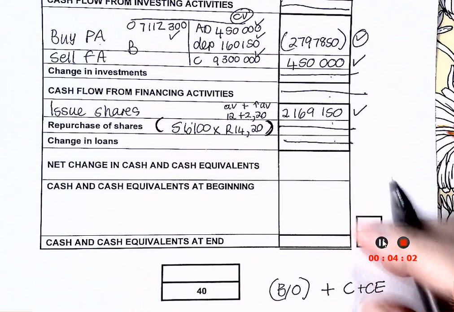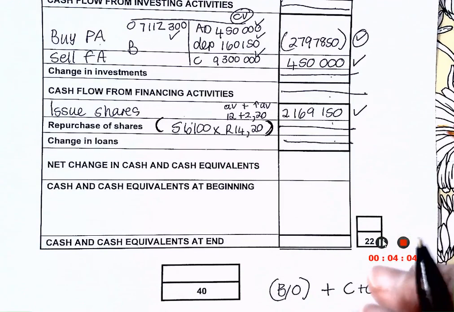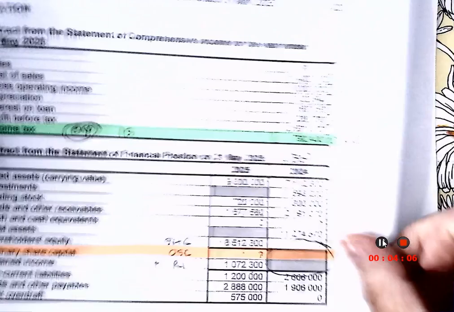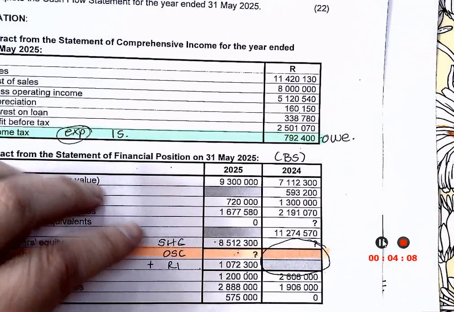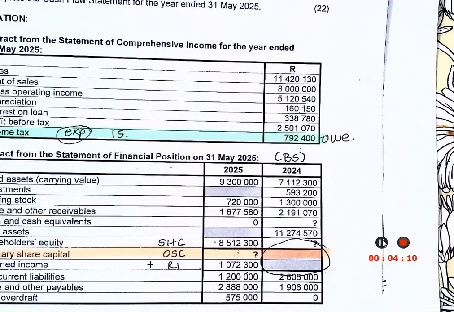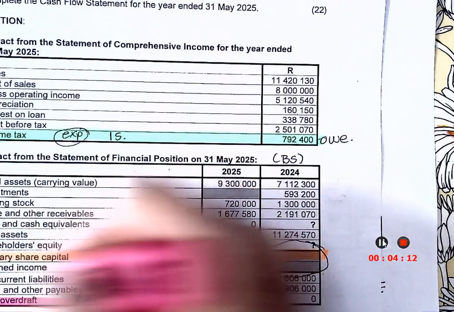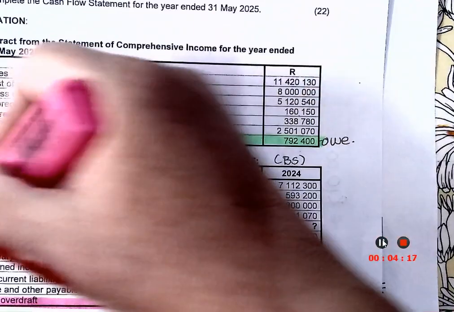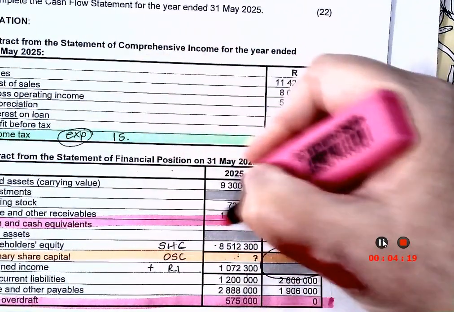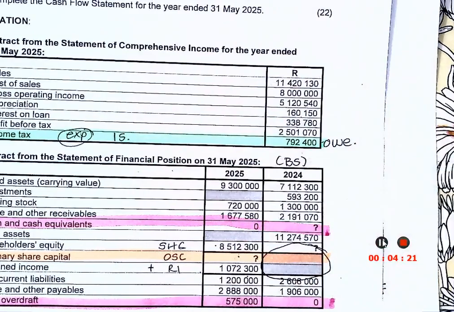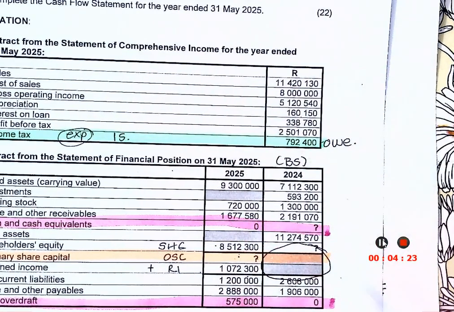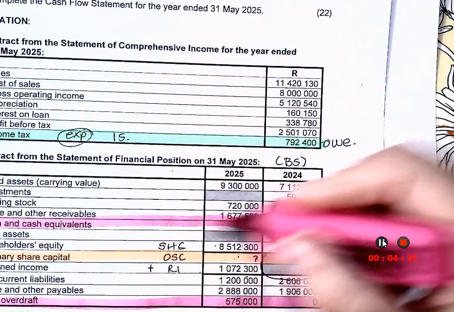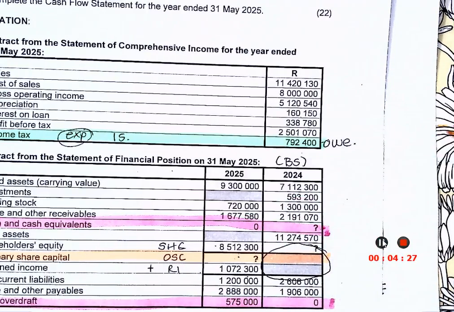So if I look here, bank overdraft and cash equivalents. Can you see it's according to the bank balance sheets? Okay, they give me a question mark there.